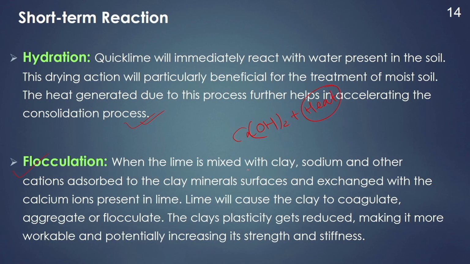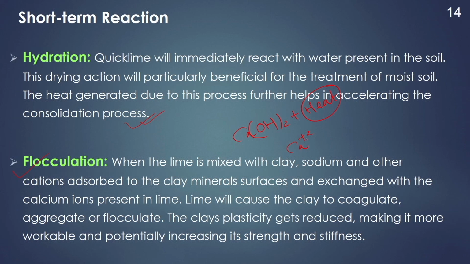In the flocculation process, the calcium ion will react with the clay surface, and as a result the clay will get flocculated. We know that clay has some negative charge on its surface and some exchangeable cations. Those exchangeable cations can be replaced by the calcium ions present in the lime, and the calcium ion will then react with the exchangeable cations and remove them, and as a result the diffuse double layer thickness will decrease.